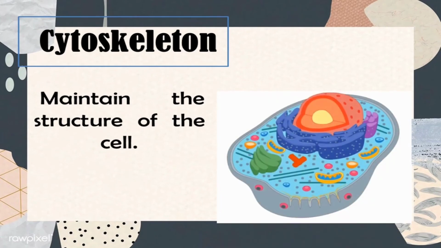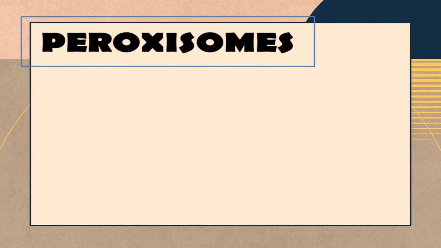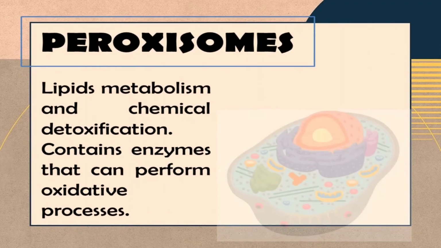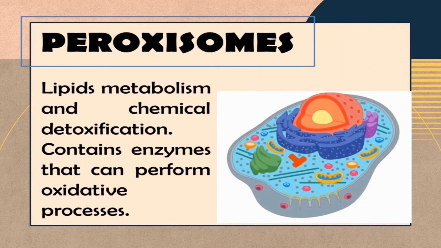It contains thread-like microfilaments made of protein and thin hollow tubes called microtubules. Peroxisomes are responsible for performing oxidation reactions and play an important role in metabolism, breaking down fatty acids into smaller components that are ready for cellular respiration.